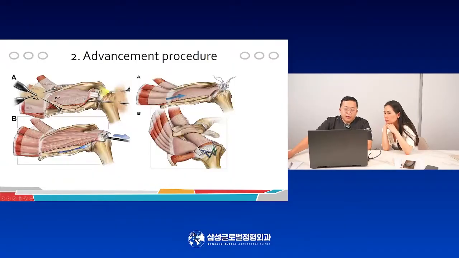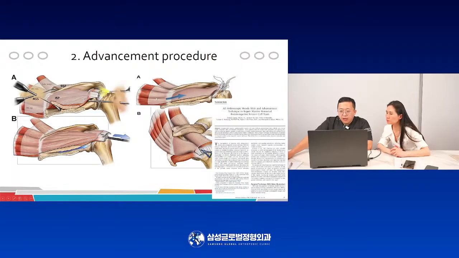Okay, and the next treatment option is the advancement procedure. Dr. Ashi Gupta, a doctor from Australia, invented this operating procedure. He cuts the muscular attachment site, the origin site, of the supraspinatus or infraspinatus.